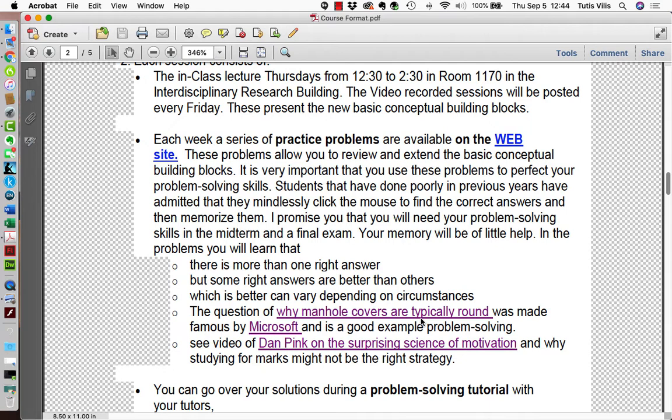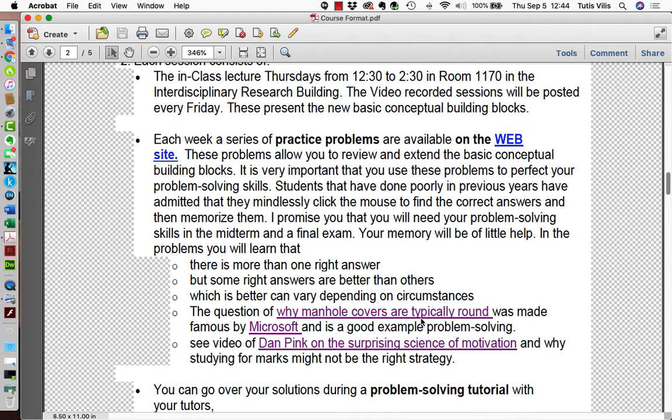The other topic that I'd like to cover is a book that this fellow called Dan Pink wrote about motivation. This has implications on why getting the best mark might not be the best strategy.